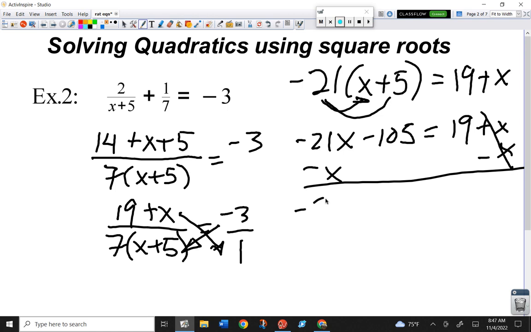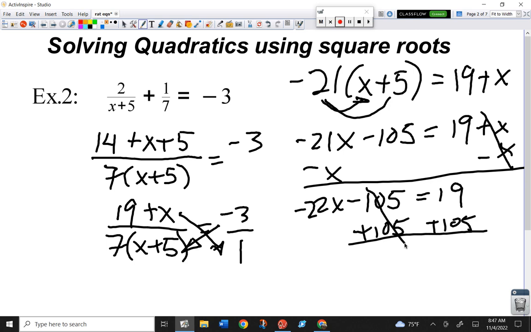This will give us negative 22x minus 105 equals 19. We're going to add 105 to both sides. That cancels to 0. You got negative 22x equals 19 plus 105 is 124.